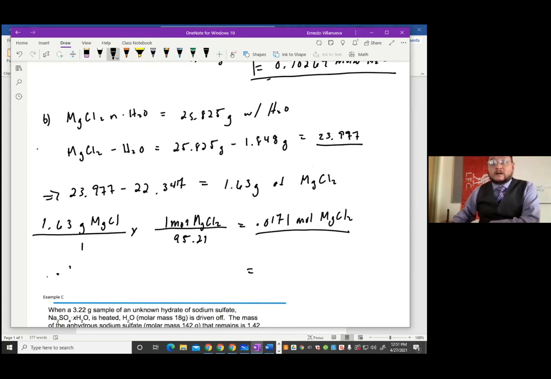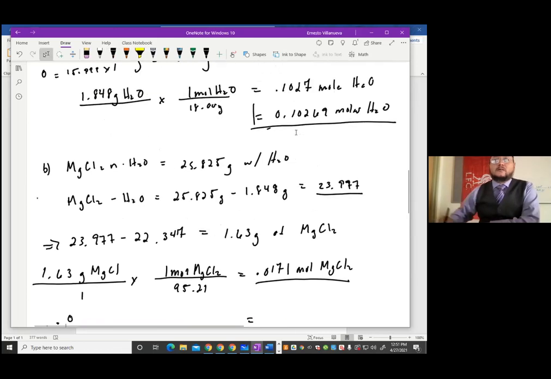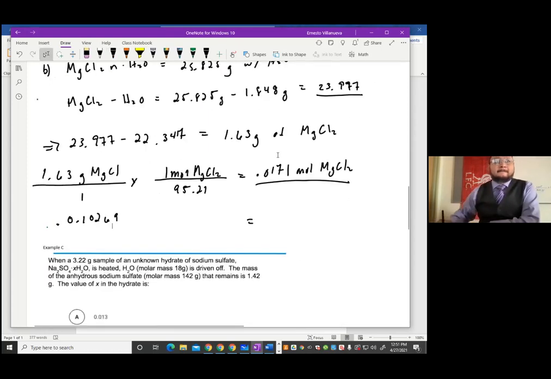Take the ratio here of 0.10269, and you divide that by 0.0171, you should end up at 6.00, right?